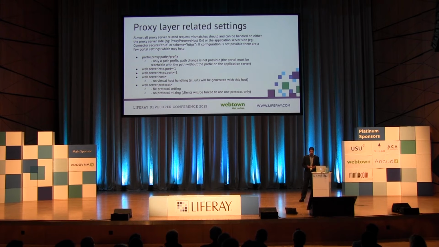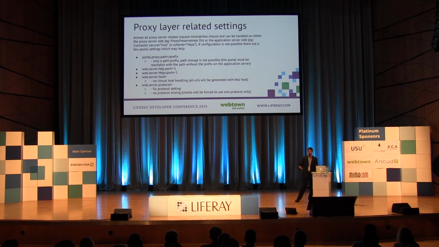You can also set the HTTP and HTTPS port to something other than -1 to force the portal to generate URLs with these port settings. You can also change the web server host, of course, which will be set into the domain part of the URL. But these are fixed settings, so they don't work with virtual host handling, because every URL will be generated with that domain regardless of what domain the first request came through.